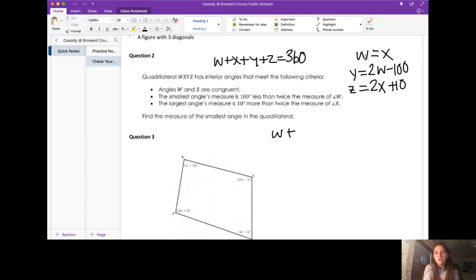X equals W. So W plus, for Y, we have 2W minus 100. So plus 2W minus 100.